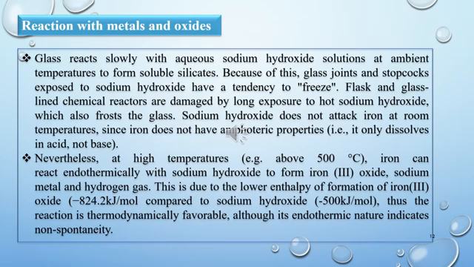This is due to the lower enthalpy of formation of iron 3 oxide, which is minus 824.2 kilojoule per mole compared to sodium hydroxide, which is minus 500 kilojoule per mole. Thus, the reaction is thermodynamically favorable, although its endothermic nature indicates non-spontaneity.